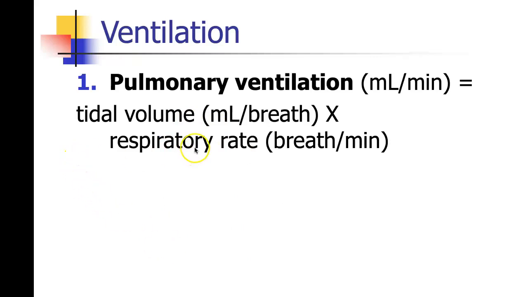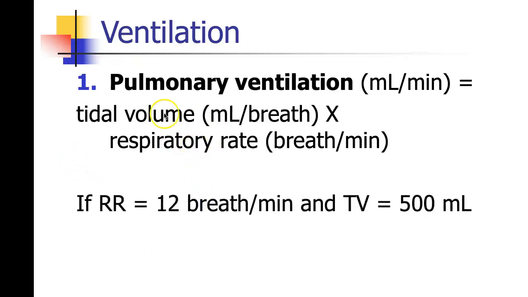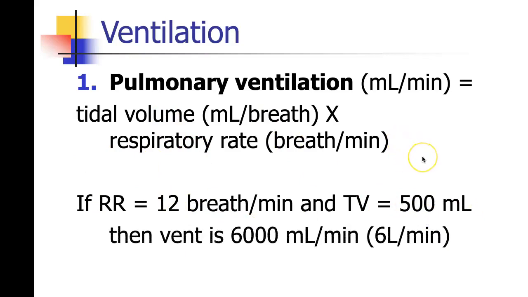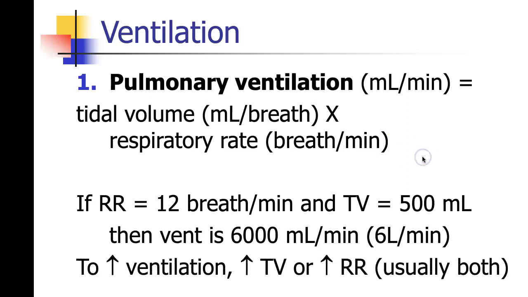Now we have tidal volume times respiratory rate. And if respiratory rate equals 12 breaths per minute and tidal volume equals 500, then you multiply them to get ventilation of 6,000 milliliters per minute, or 6 liters per minute. To increase ventilation, typically someone's going to increase tidal volume or respiratory rate, but usually you do it both together. So usually if this is going to be increased ventilation, both these things are happening in your body.